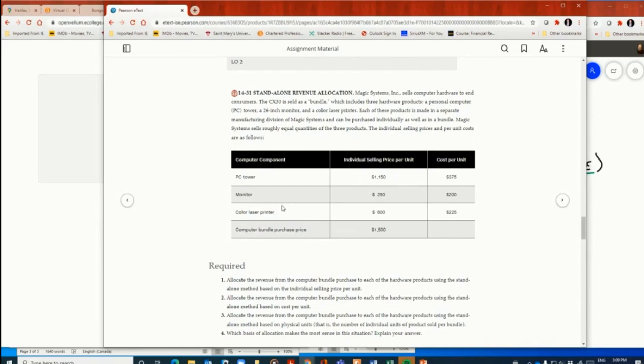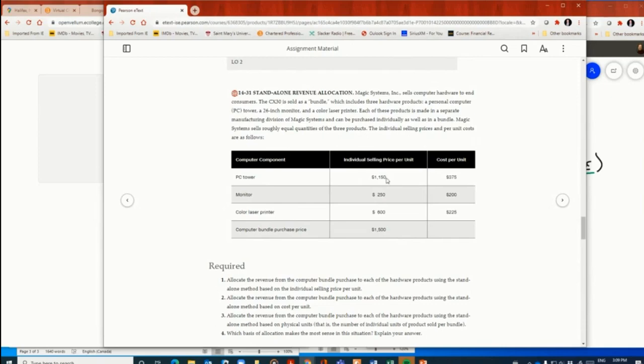In this example, let's say we're Dell Computers or some company like that. It's Magic Systems. But the idea is that they've got a PC tower, a monitor, and a printer. Now, it could be a retailer like Best Buy, I suppose. But the idea is that we've got three different products.